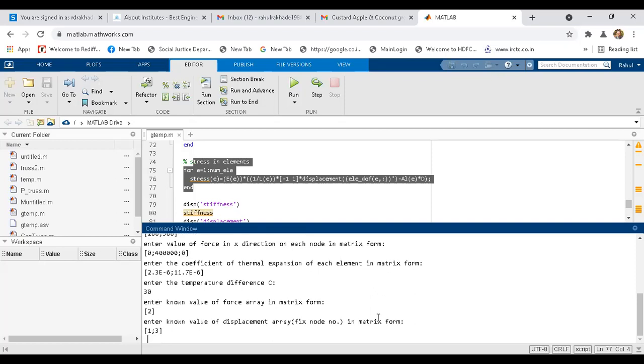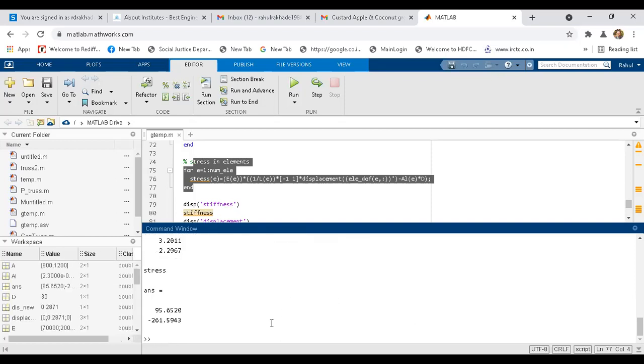Okay, so yes, element 1 with stress value 95 and element 2 with stress -261. Okay, same answer we get in conventional method as well as software. Okay, so in this way we can say our program or coding is validated.